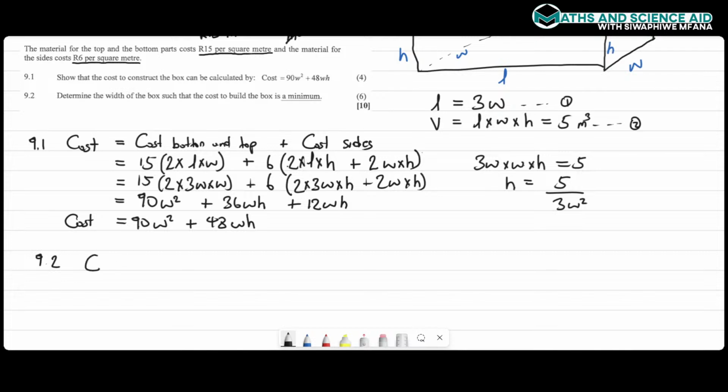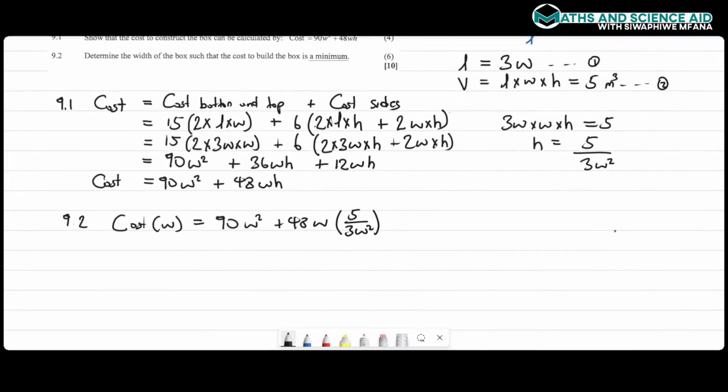So for this cost, I'll say this is cost as a function of W. So W is our variable. So 90W squared plus 48W, and H is 5 over 3W squared. You see? That's all that we have to do.